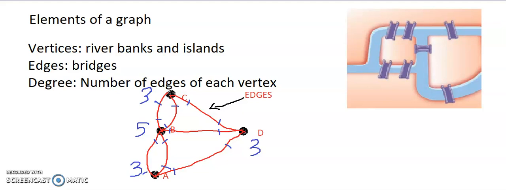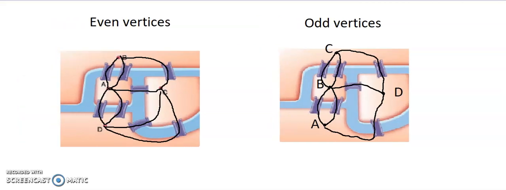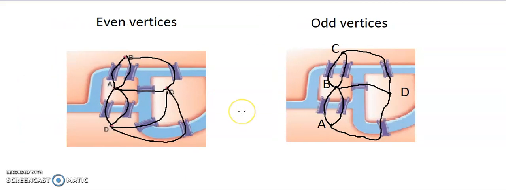The next step when we are thinking about our networks is really thinking about if they are even vertices or odd vertices. So here I've got something slightly different because one of them has got an extra bridge. But this also helps me out when I think about it. So with my D, I've got 1, 2, 3, 4 pathways.